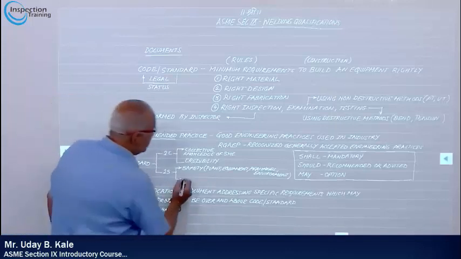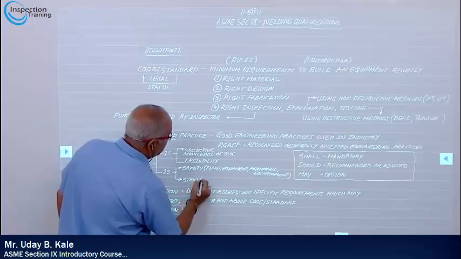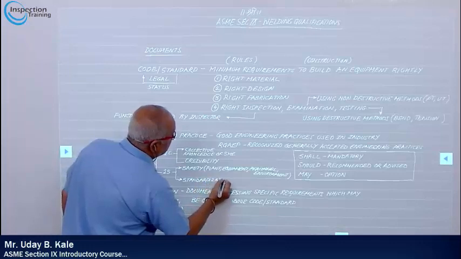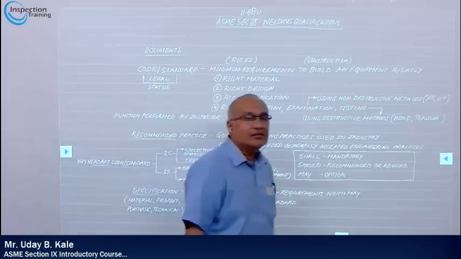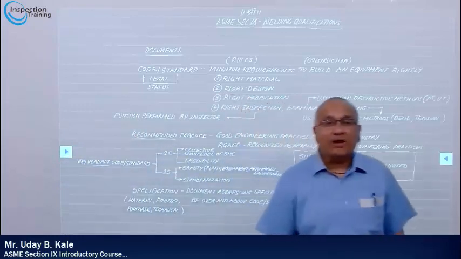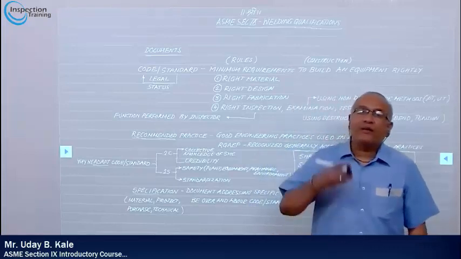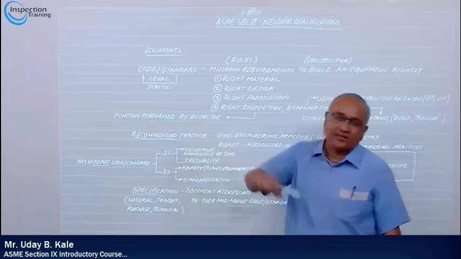So standardization is the second S. That's why we say that codes or standards are famous because of two C's and two S's.